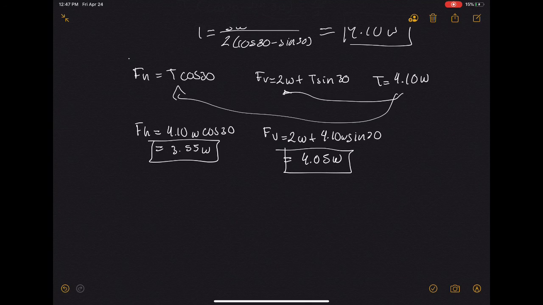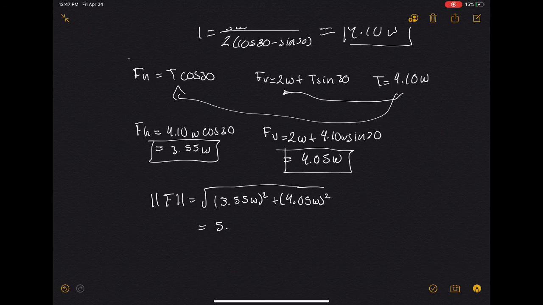So now we can get the magnitude and also the angle. The magnitude of the forces is going to be the square root of 3.55 W squared plus 4.05 W squared, and that's going to give us 5.39 W. We also have to find the angle as well.